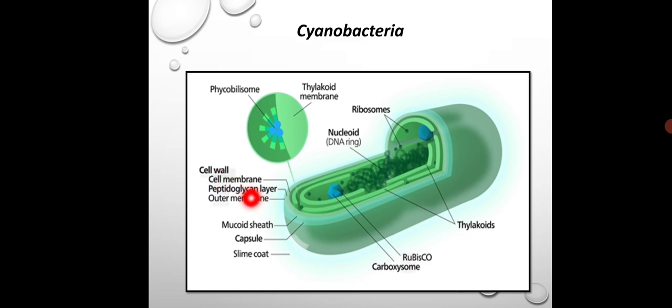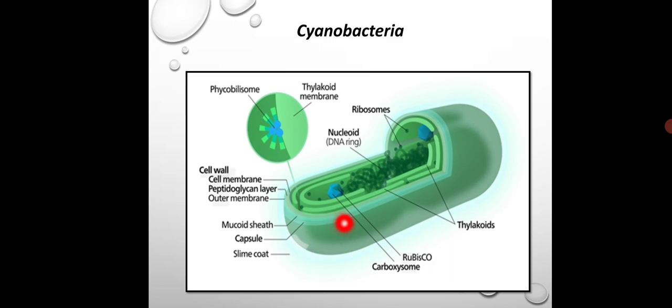outer layer cell wall or cell membrane, peptidoglycan layer, outer membrane, mucoid sheath, capsule, slime coat. So these are all the outer parts present. On the inner side, the main part is the carboxysome, which is the site of photosynthesis in cyanobacteria, plus the Rubisco enzyme is also there.